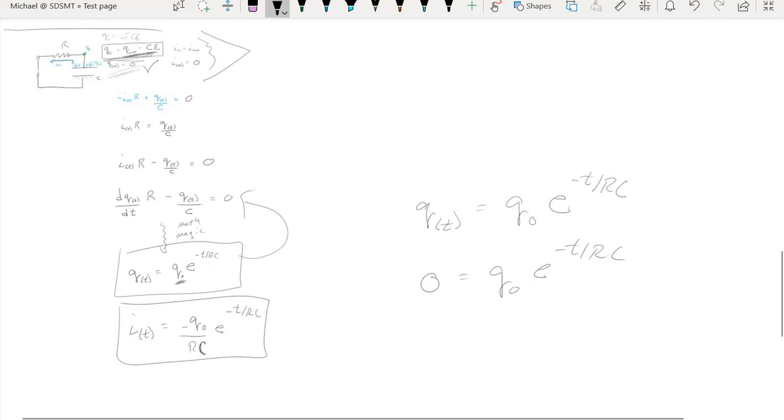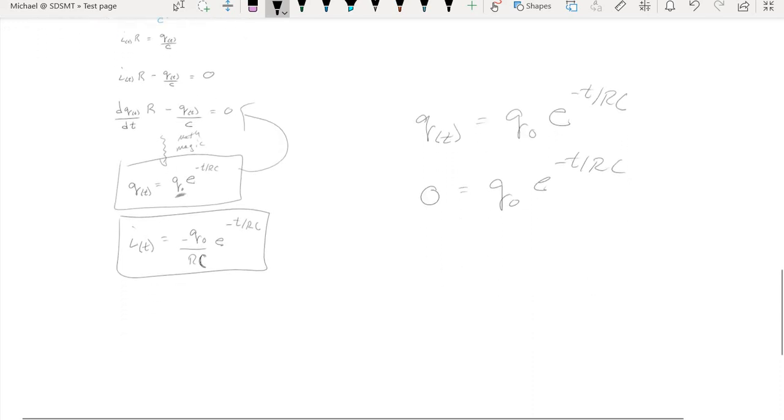And then we can attempt to solve for time, but I think you're going to see that after we divide out the initial charge value, we're going to end up taking the natural log of a 0, and that's going to give us an undefined time value.